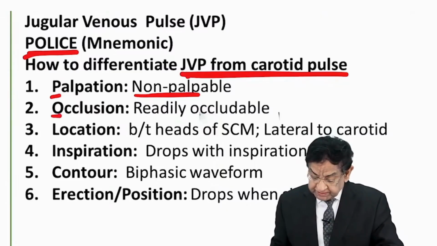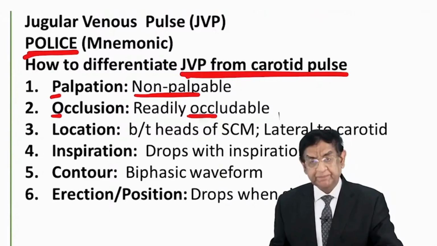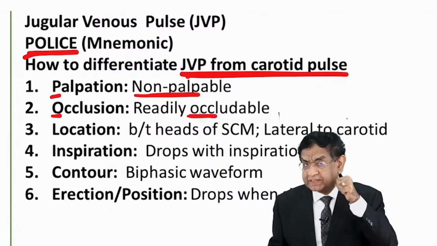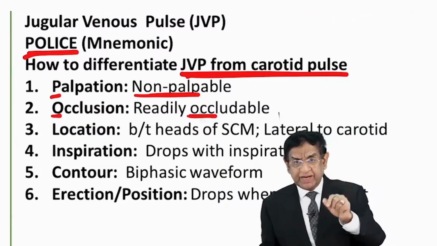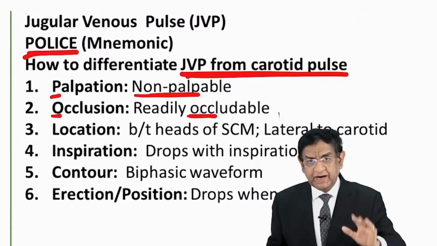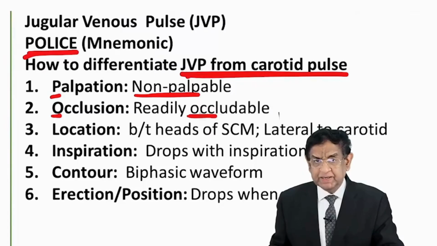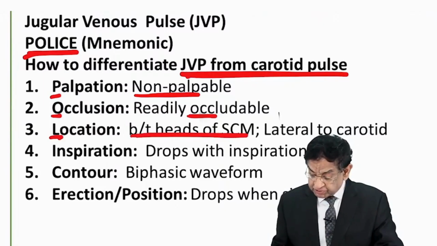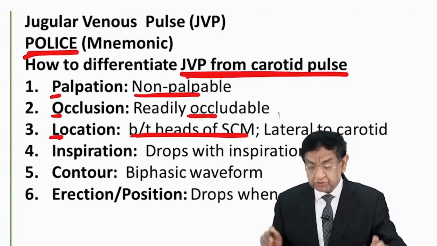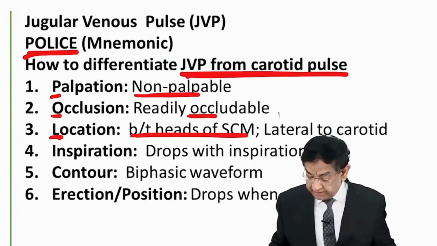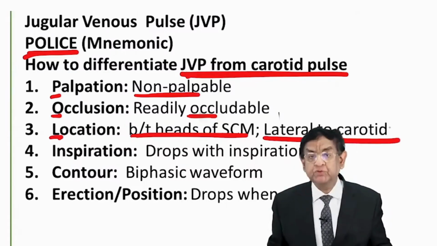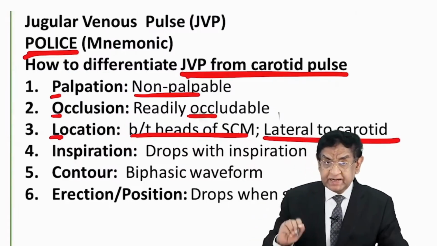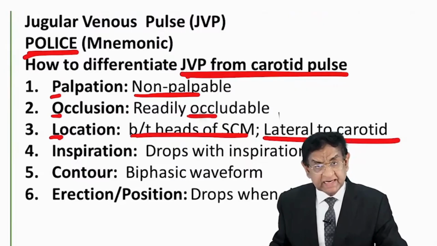Occlusion: the vein is occludable. You can press it and you will find it disappears. But carotid is not occludable. Location: between the two heads of sternocleidomastoid, JVP lies lateral to carotid. Carotid lies medial and this lies lateral.